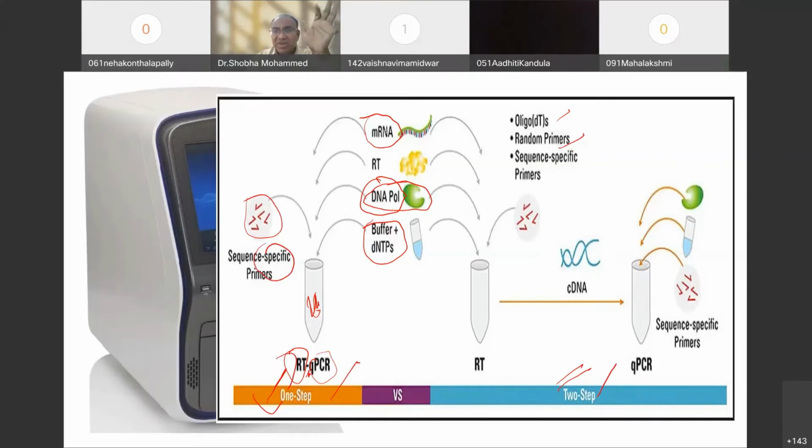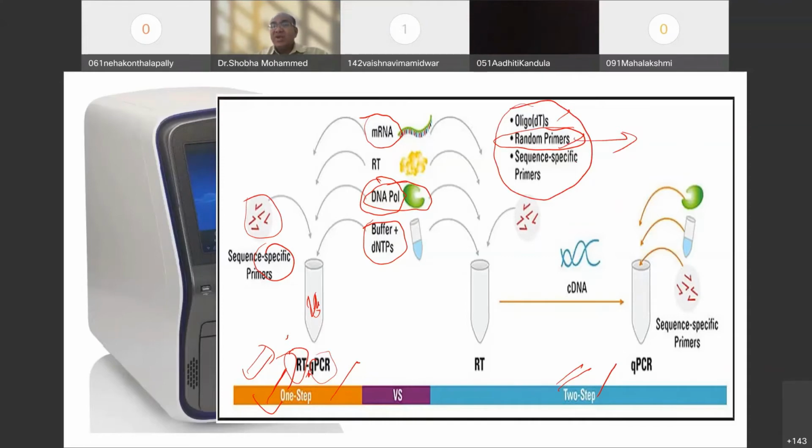In two-step PCR, I am going to add the random primers, not the specific primers. Now, for example, if I use this one-step PCR to detect COVID, I fail to detect it because I don't have any primers for that. But I use the two-step PCR to identify the new antigen which invades our body, to find out its load. It is the random primers I am going to add.